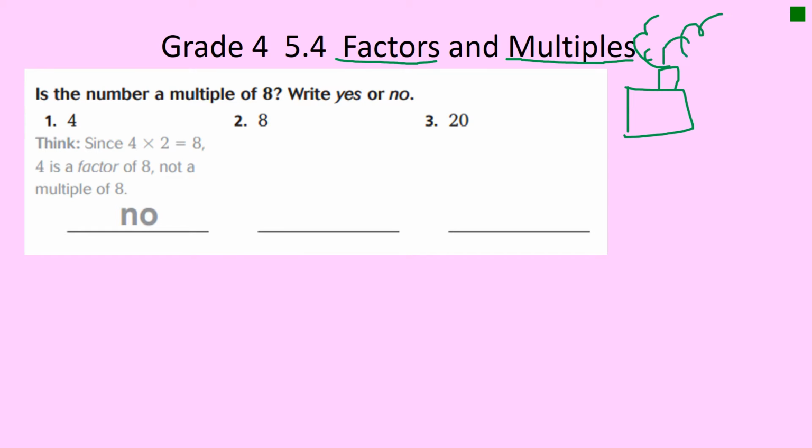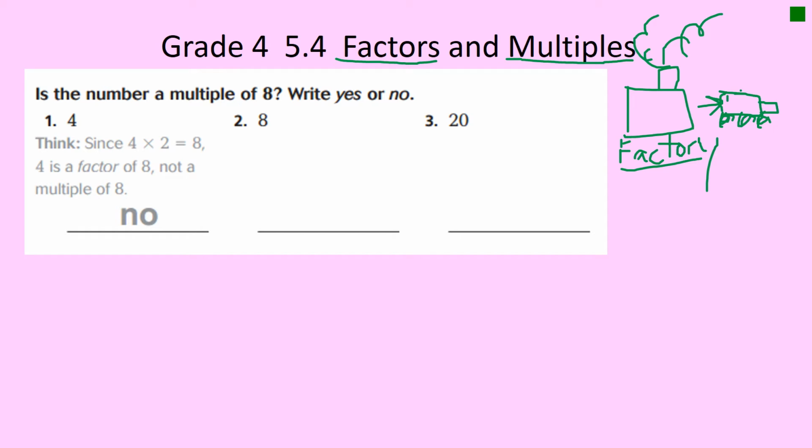The factor is in the word factory, right guys? And those are the numbers that make the products that you put on the truck and you take to the people who need those products. Oh, that's a terrible truck. Okay, so factors build numbers and multiples are what you get when you multiply the number.